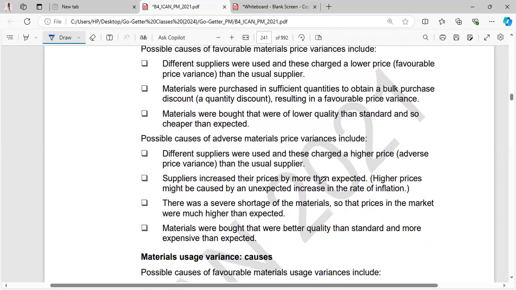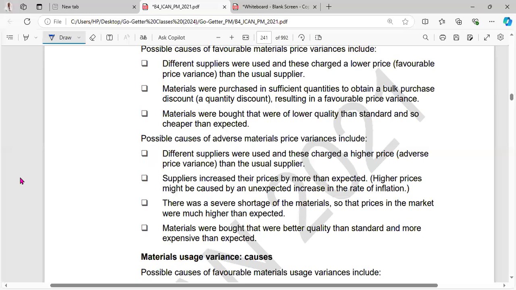What about being adverse? One, a different supplier was used, and this different supplier charged you higher than your normal supplier. Of course, nobody will want to do that, except maybe your normal supplier changed his conditions.